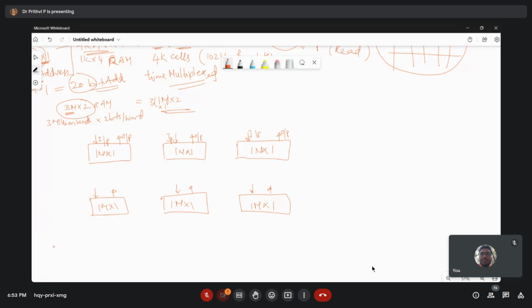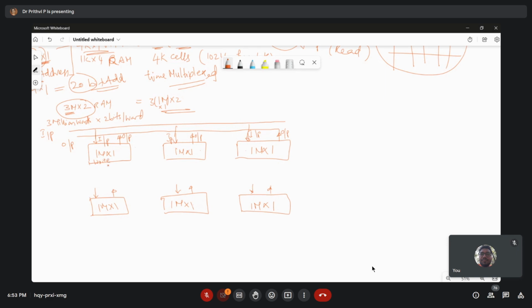Now, what are the other things that are to be common? If I try to take them, this is my input line, this will be common. And this will be my output line, common. This will be data in, then data out. What are the other things we need for them is the write operation.